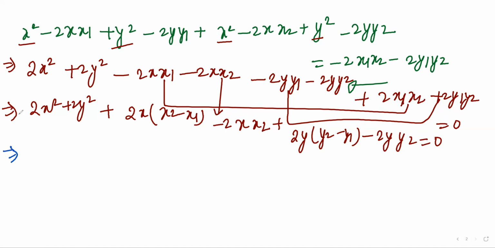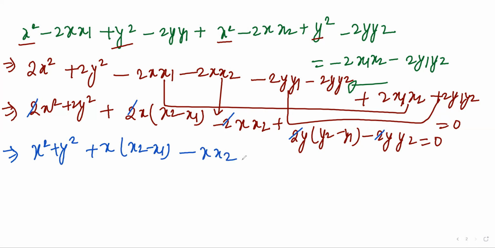So divide by 2, so all 2 will get cancelled. So it is x square plus y square plus x into x2 minus x1 minus x x2 plus y y2 minus y1 minus y y2 is equal to 0.